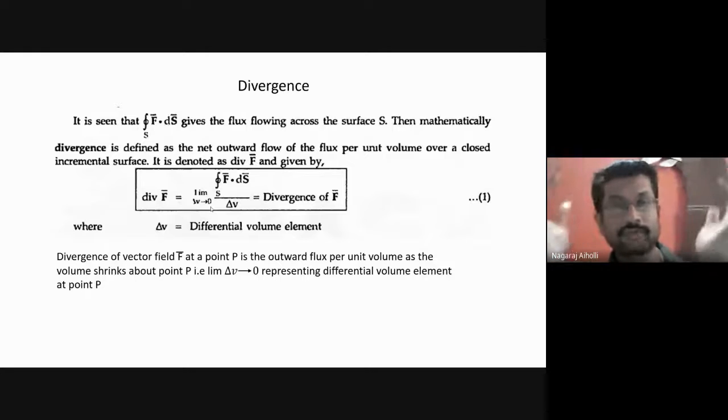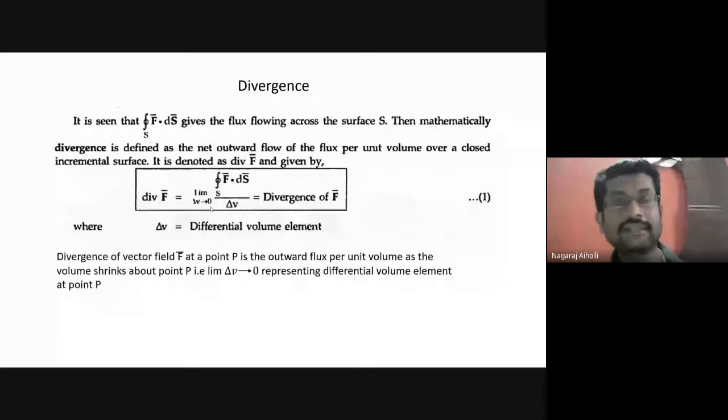Initially the balloon was spherical. When you pierce it, air flows in all directions, that is, it is diverging. The air is spreading out in all the directions. This is our concept of divergence.